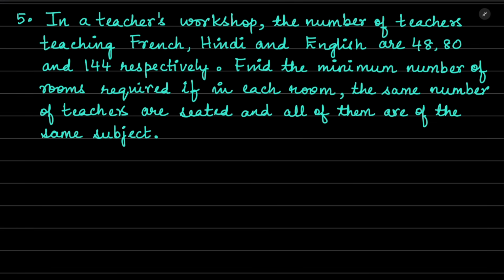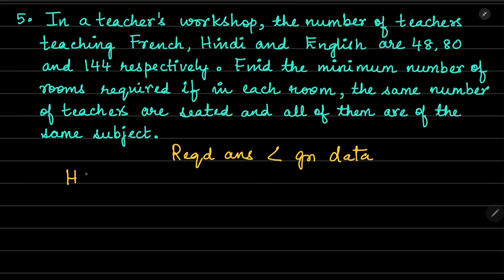So you cannot have a room which has got say 150 teachers, right? You cannot make 150 or 200 teachers be seated in a room. You cannot have a number greater than the given number. So in this particular question, the required answer is less than the given data. And if the answer is less than the given data, then it is a factor and it is the HCF.